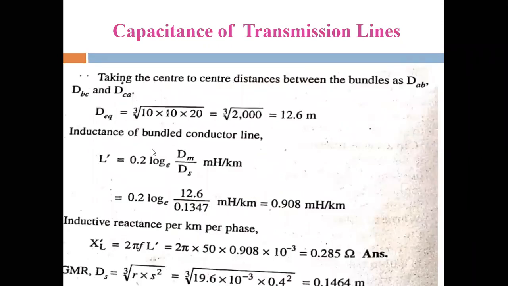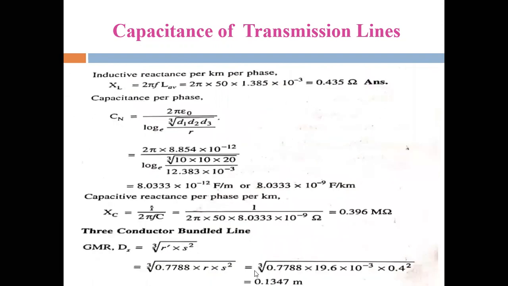Then we substitute the Dm and Ds values in the inductance formula. That is 0.2 ln(Dm/Ds), where Dm is 12.6 and Ds is 0.1347 meters.